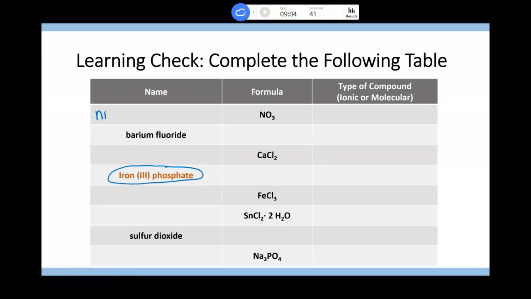We have 1 nitrogen. We have 3 oxygens, so nitrogen trioxide. Remember, if we have both nonmetals, we use a prefix for both of them to demonstrate how many are there. So this is molecular.